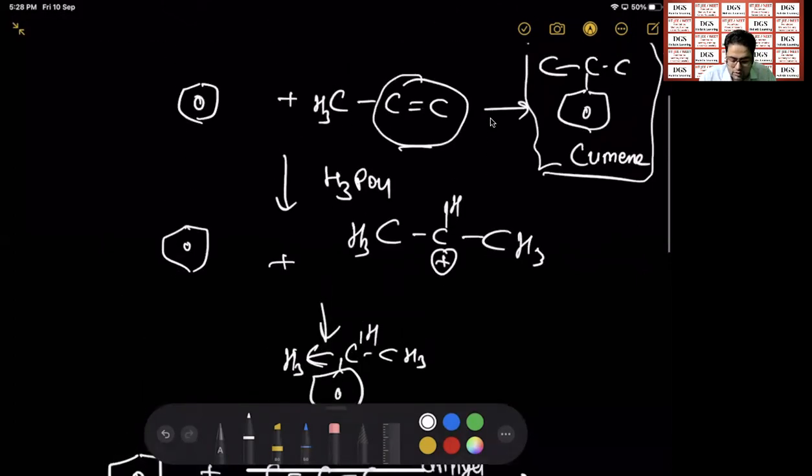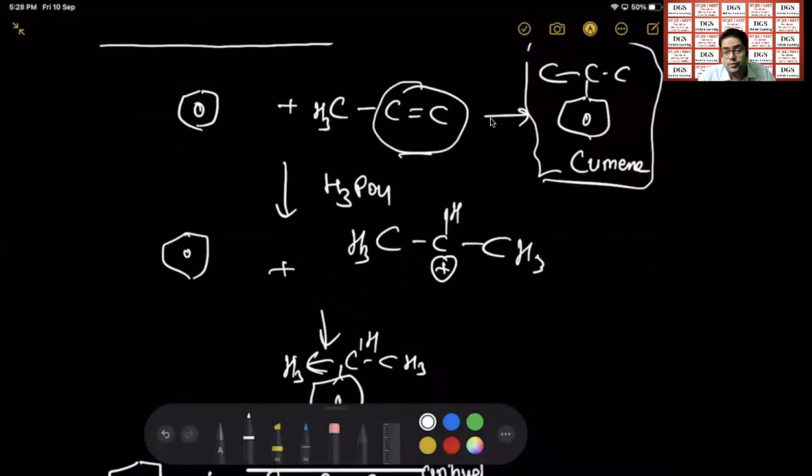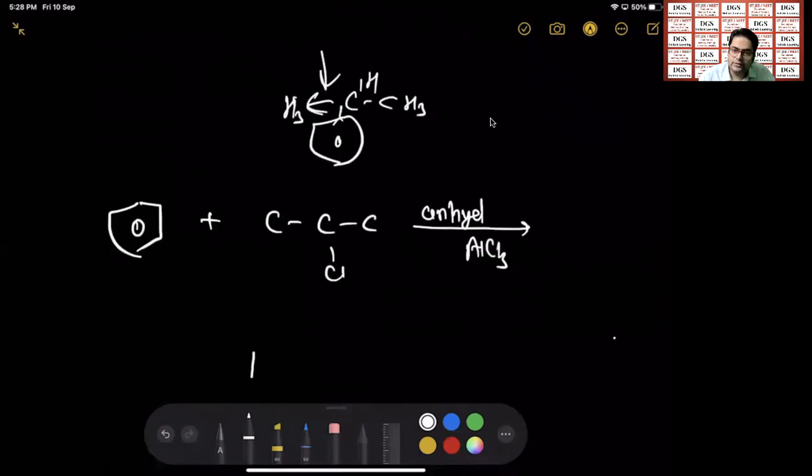Whereas in the earlier case, we were actually using an H+ donor acid, the Arrhenius concept, or you can say Bronsted-Lowry, because it is a proton donor. So we need a Lewis acid in this case. Now we all know that we will get the same structure, the cumene, with this method also.